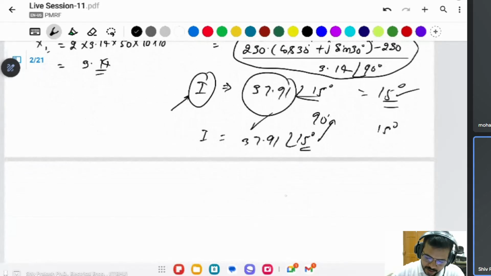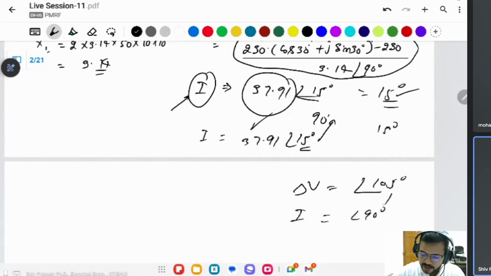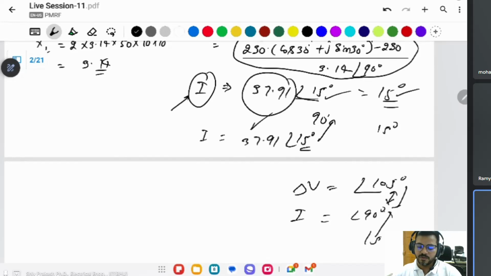Simple, you can say the voltage difference of magnitude is this one at angle 105 degrees. The angle of I will be 90 degrees only. And there is a current lag between voltage and current. It is a lagging of 15 degrees. This one is assuming the current is coming.